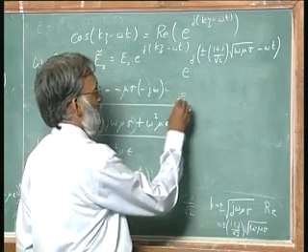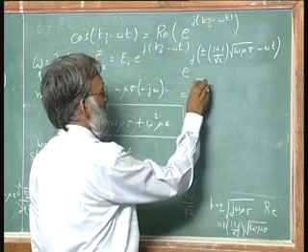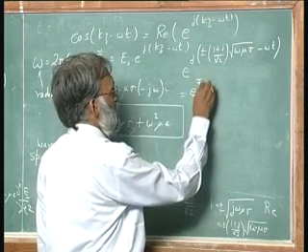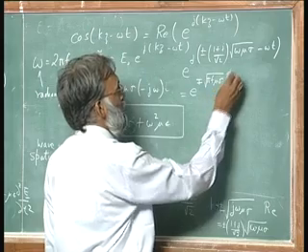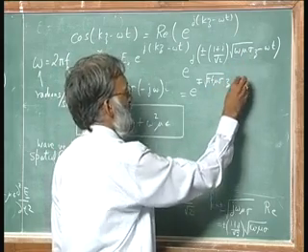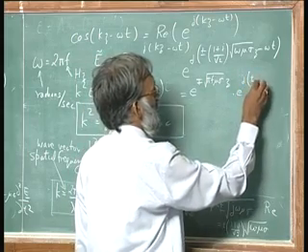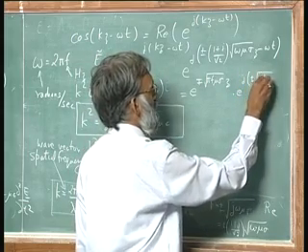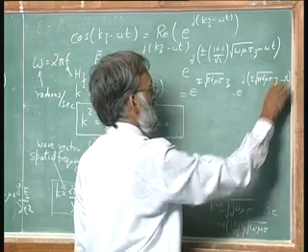So, this has the following dependence: e to the minus plus square root of pi f mu sigma times z, times e to the j times plus or minus square root of pi f mu sigma z minus omega t.